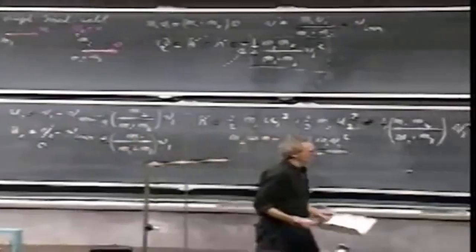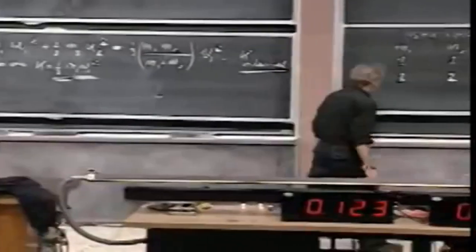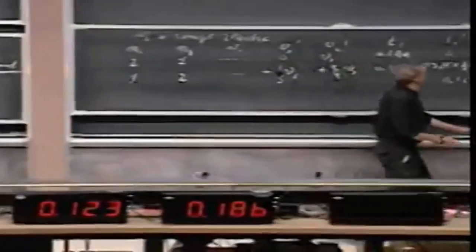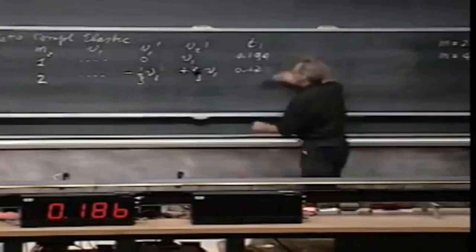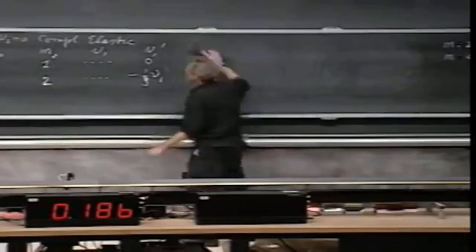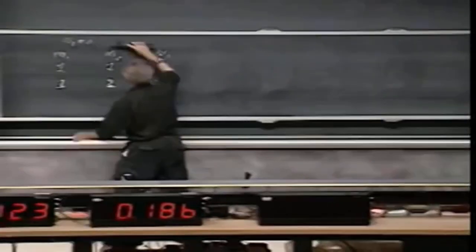I now would like to return to the air track and do several completely inelastic collisions with you. Again, we have to assume that momentum is conserved. It never is completely, but we can come close. And we will have two cars that, no, we're going now completely inelastic.